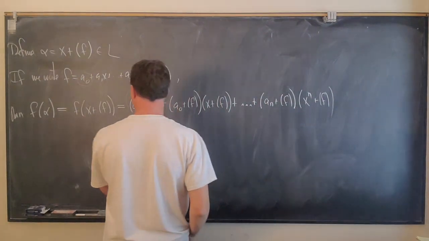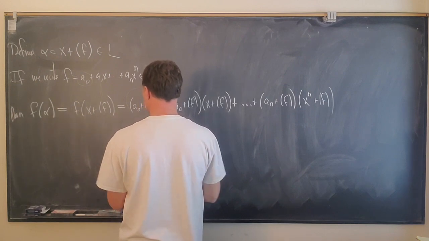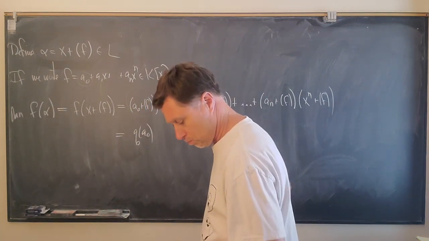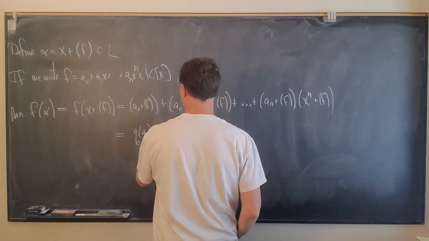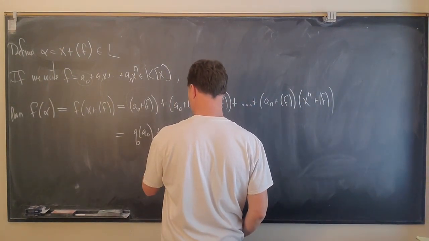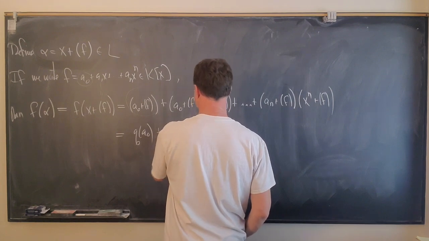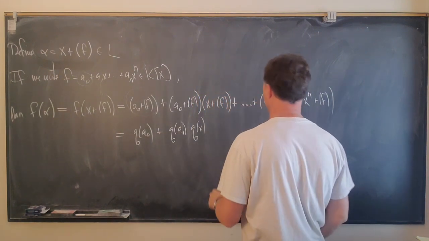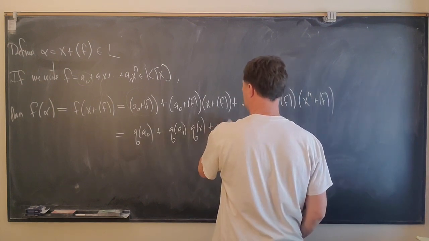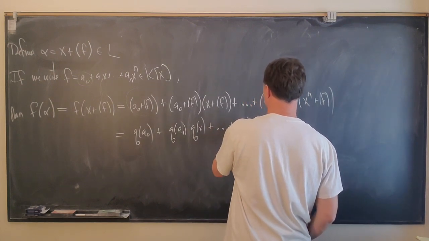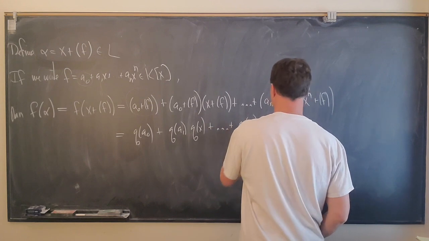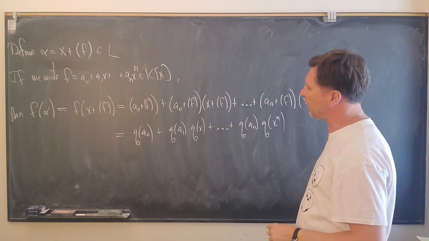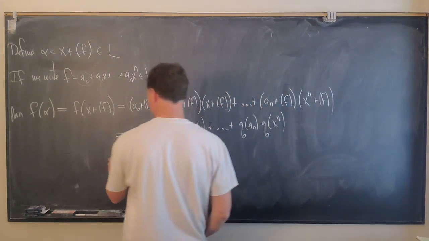That's equal to, so let's see, q of a0 plus q of a1 times q of x plus dot dot dot plus q of an times q of x to the n. And then q is a homomorphism, so we can combine this all into one thing.